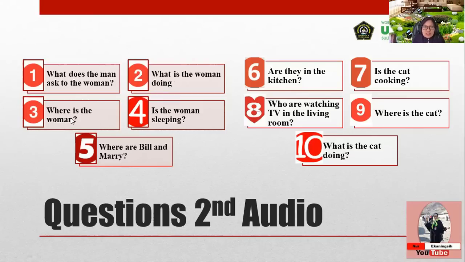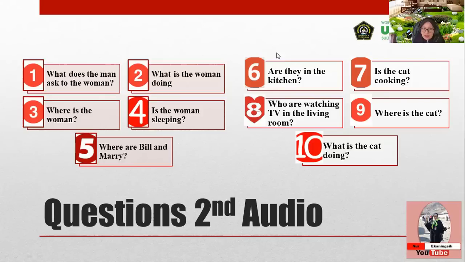Okay, number 3. The question number 3, where is the woman? Number 4, is the woman sleeping? Number 5, where are Bill and Mary? And then number 6, are they in the kitchen?